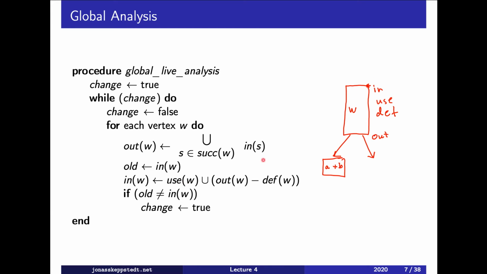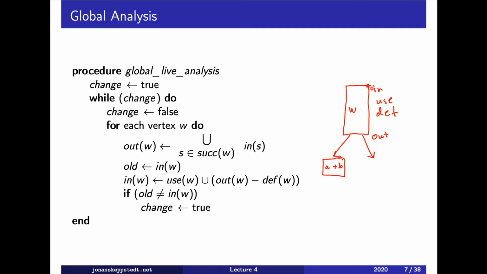It's the set of uses union the variables which were live at this point minus the variables which were defined in this basic block. So now we see why we want to have only the first use or the first definition.